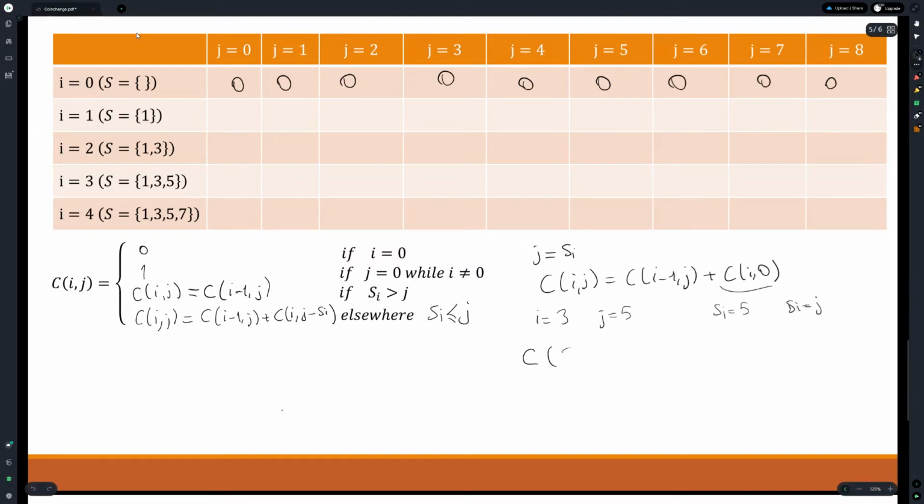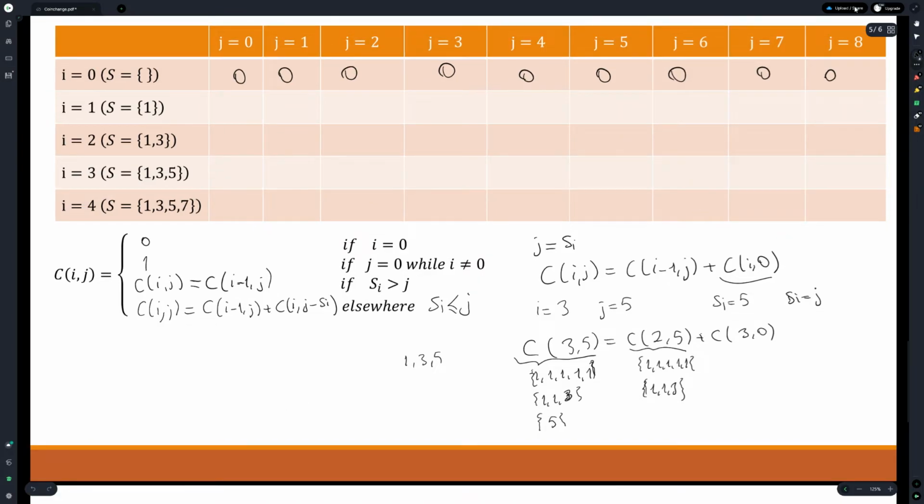So C(3, 5) must be equal to C(2, 5) plus C(3, 0). The number of samples in C(3, 5) is 3, in C(2, 5) it is 2, so the number of samples here is 1, it should be 1.